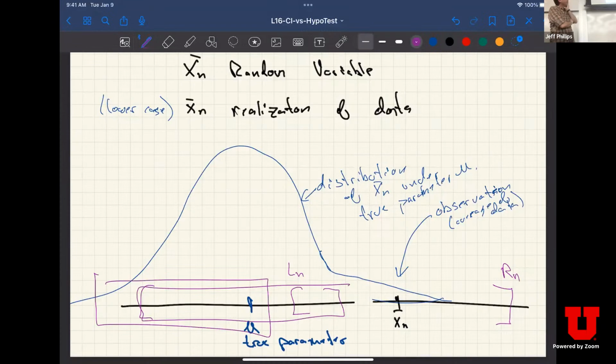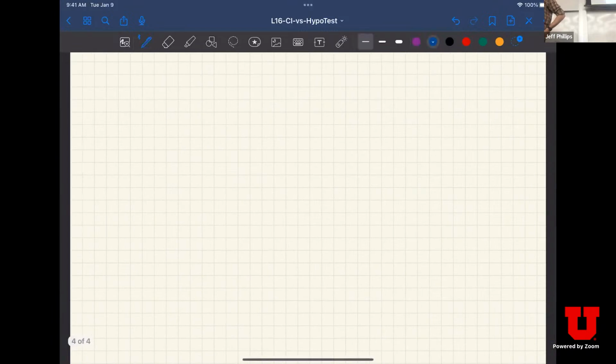So what I'm doing is some algebra to change the distribution around mu into a distribution around xn.